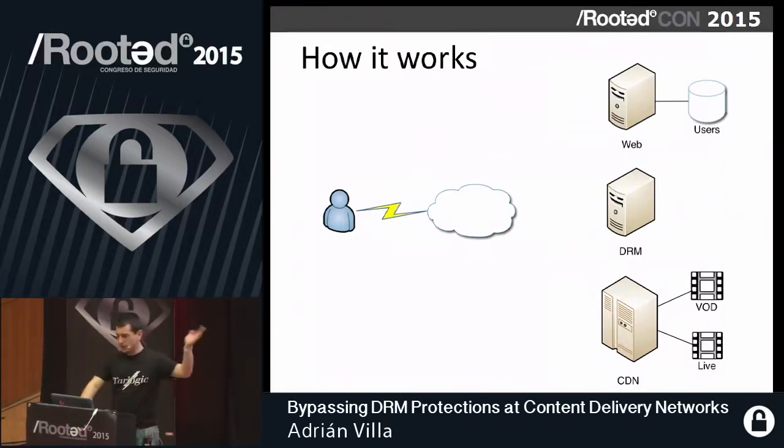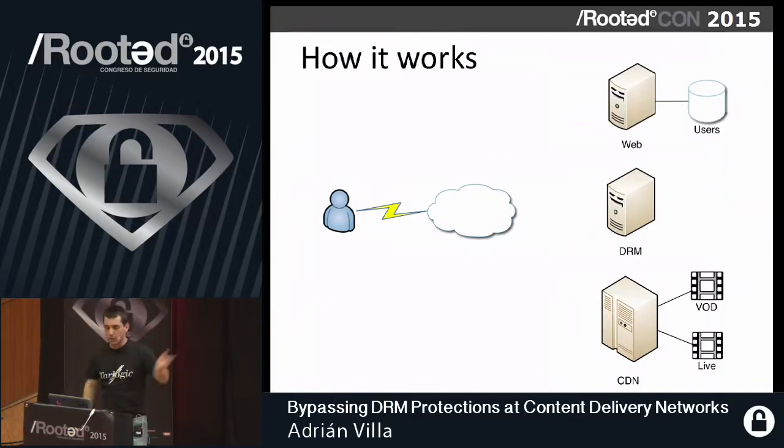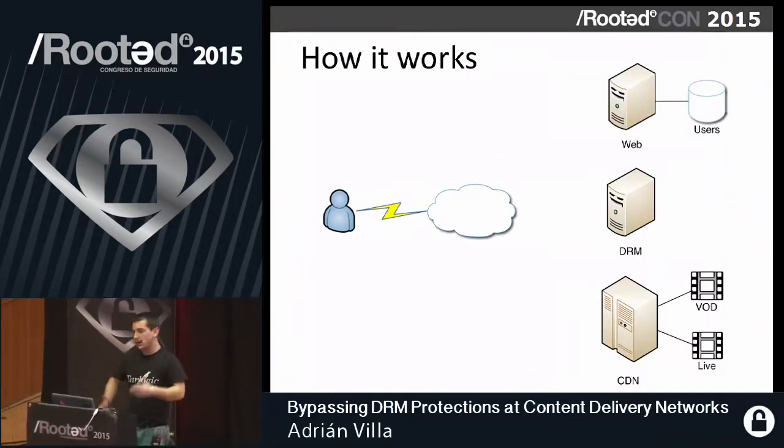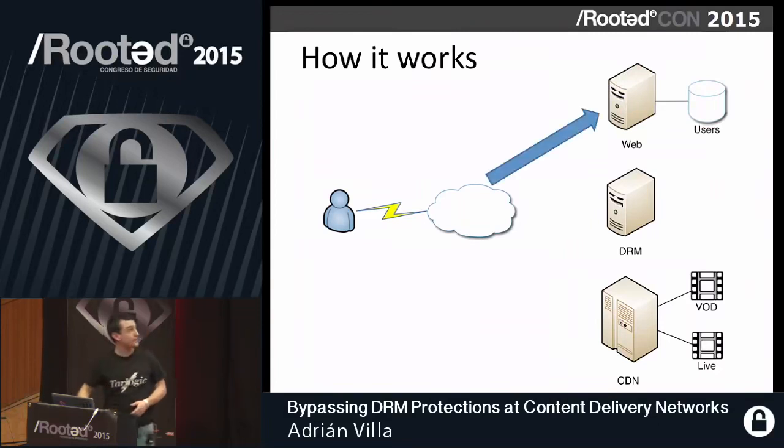How does it work? So there are four basic components. We have the player or the client, then we have the web with the users, then we have DRM servers to reproduce content and licenses, and then the CDN with the content. So a user goes to the website, inserts the username and password, and says, I want to watch this chapter.